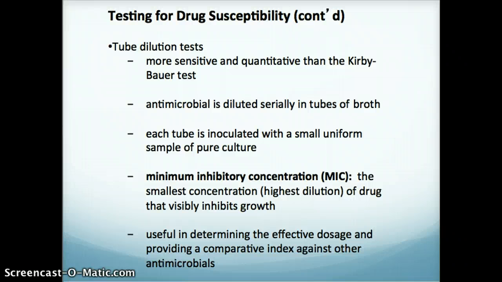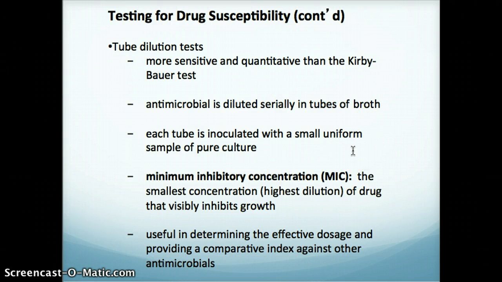Another test that we do for drug susceptibility is called the tube dilution test. And this is much more sensitive and also gives us quantitative data, particularly about how much antimicrobial, how much antibiotic we want to use to be effective, the lowest amount. So the antimicrobial agent is diluted serially in tubes of broth, so we do it in powers of 10.